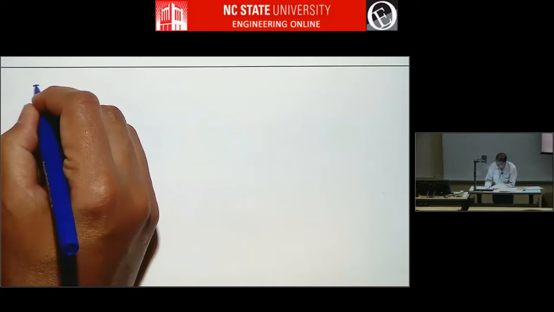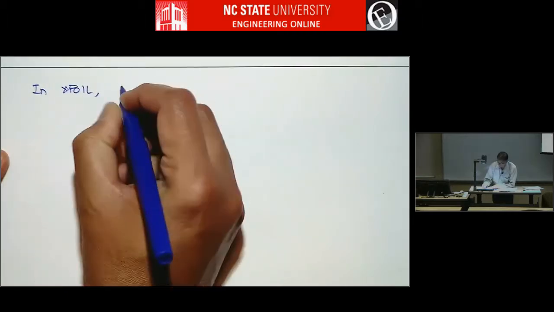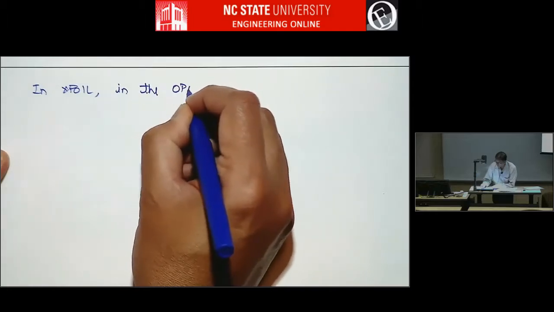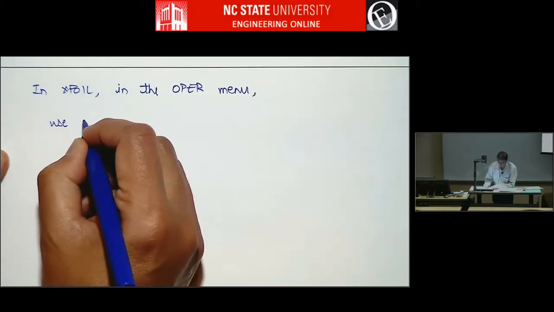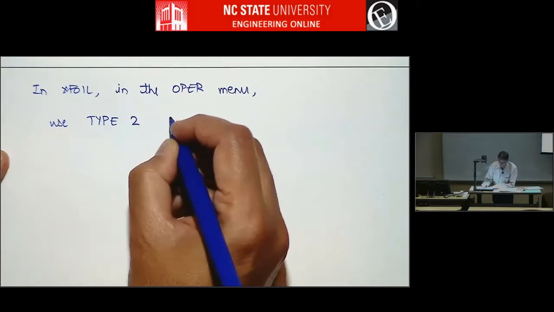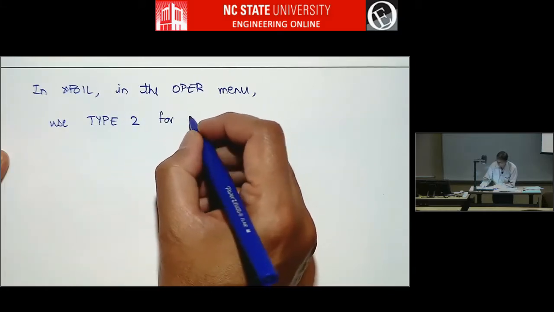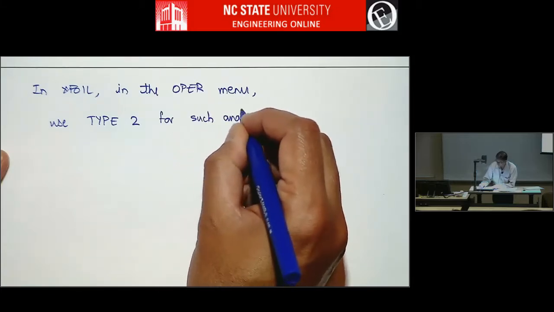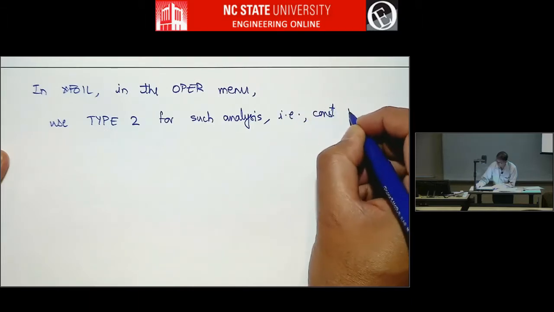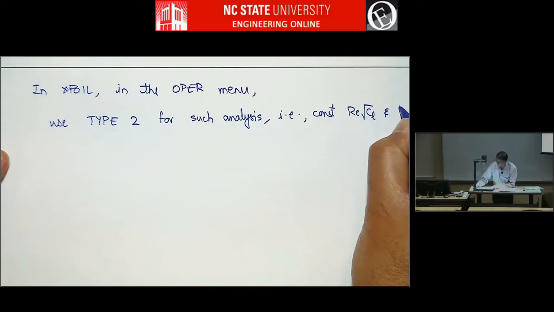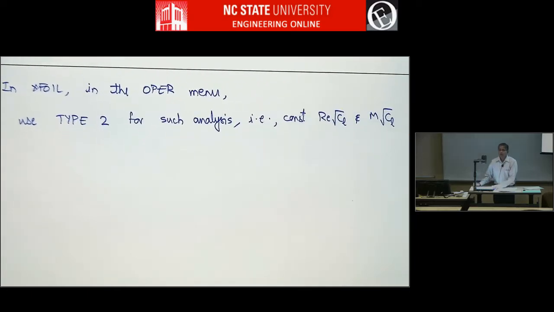So in XFoil, in the upper menu, if you use type 2, XFoil will do analysis at a constant Re times square root of CL and Mach times square root of CL.